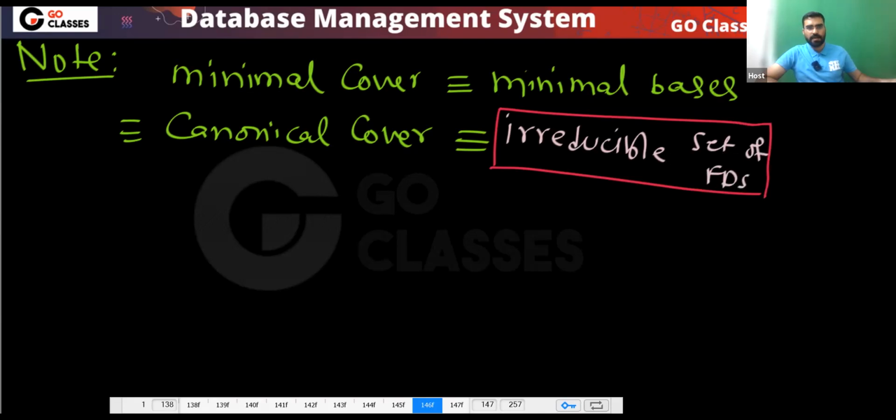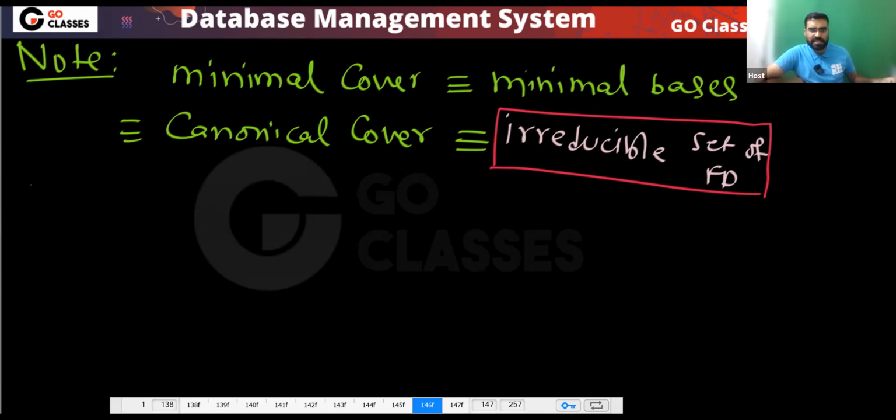In the GATE exam, they can ask you minimal cover, canonical cover, minimal basis, or irreducible set of FDs. All these things are exactly the same. Remember, an irreducible set of FDs is one which you cannot reduce.